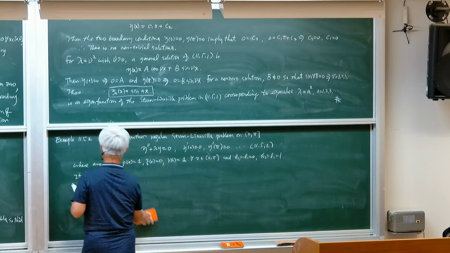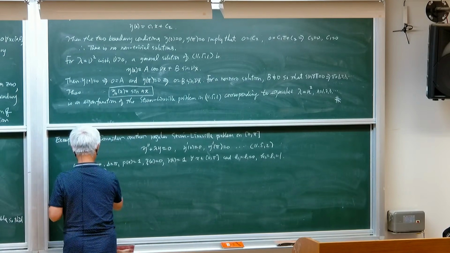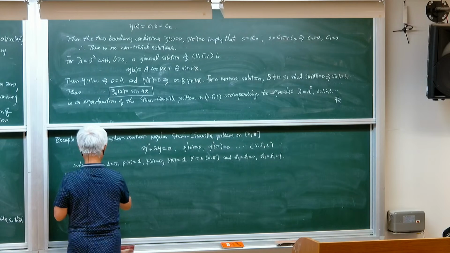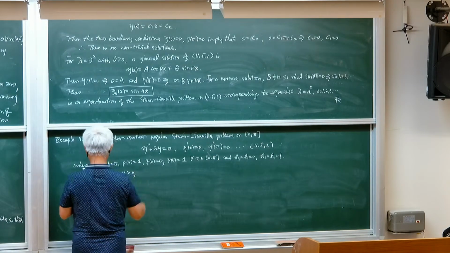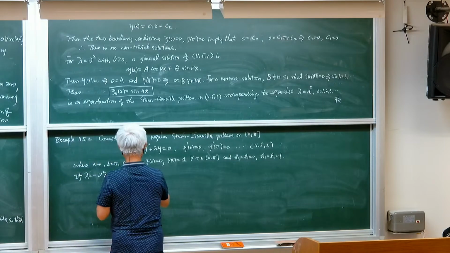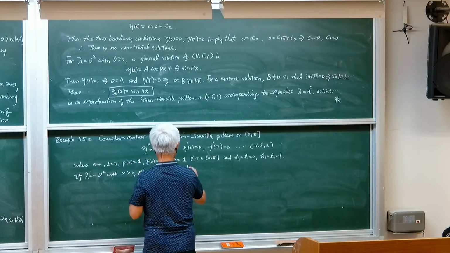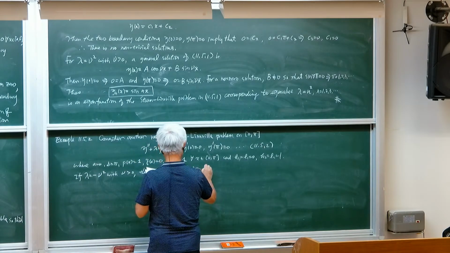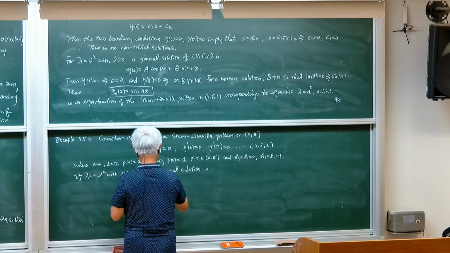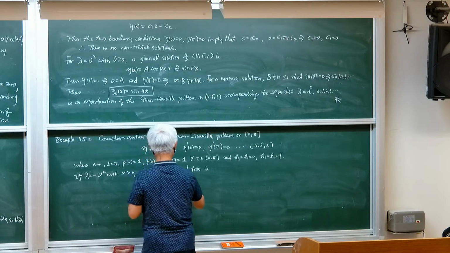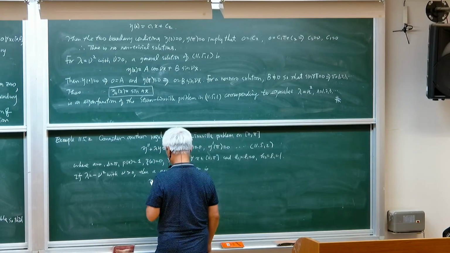When lambda is a negative number, a general solution is C1 e^(nu x) plus C2 e^(-nu x).